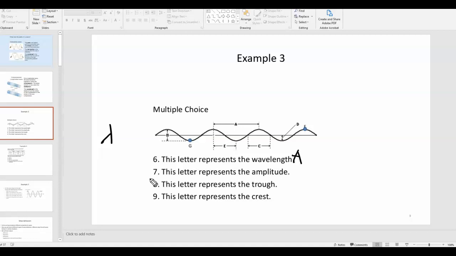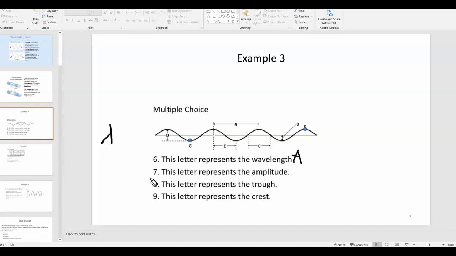All right. The amplitude, if I ask you what letter represents the amplitude, that is from the rest position, which is in the middle, to either the crest or the trough. Either one of those works. And so here you might think, maybe B is the amplitude.